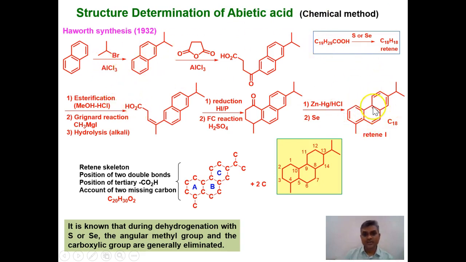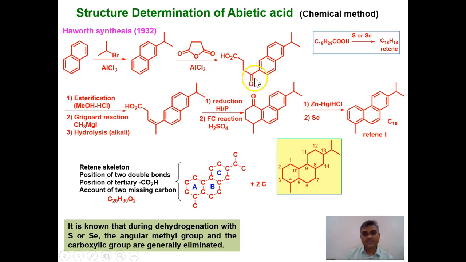Synthesis of retene can be accomplished from naphthalene. Naphthalene is subjected to Friedel-Crafts alkylation, and because of the isopropyl group, beta position alkylation occurs. Then with succinic anhydride and AlCl3, it undergoes Friedel-Crafts acylation. We get a keto acid here.